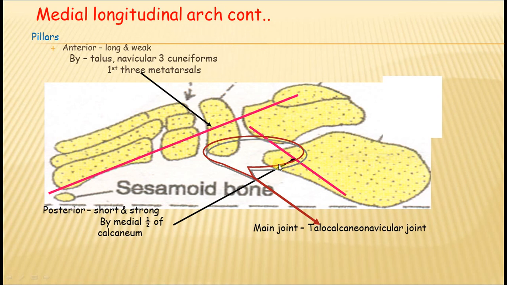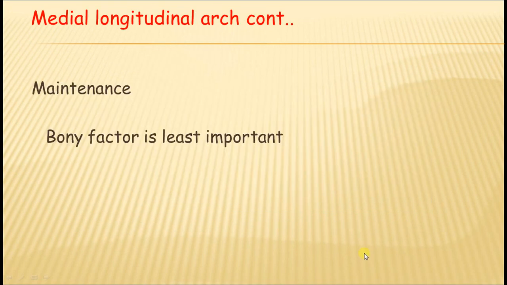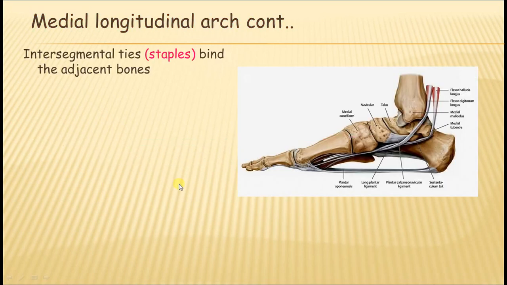So that is the main vulnerable part of the arch, and below it, it will be supported by the spring ligament. The bony factor is least important in maintaining the arch. Of course, if the bony part collapses, there is no arch, but in maintaining the arched form, it is only secondary.